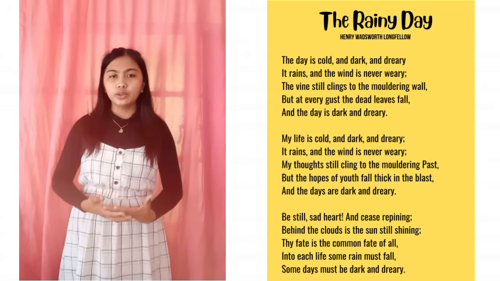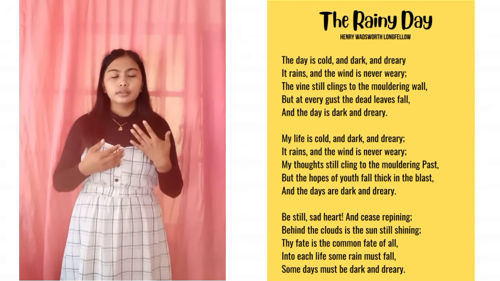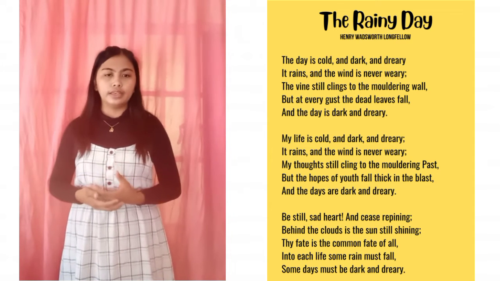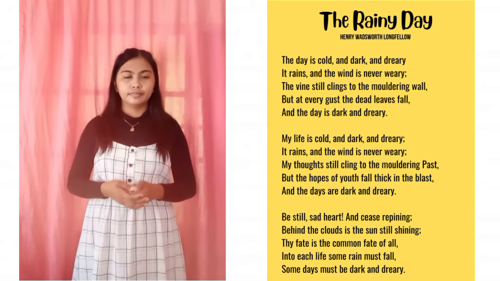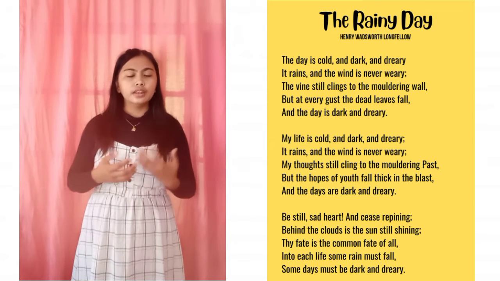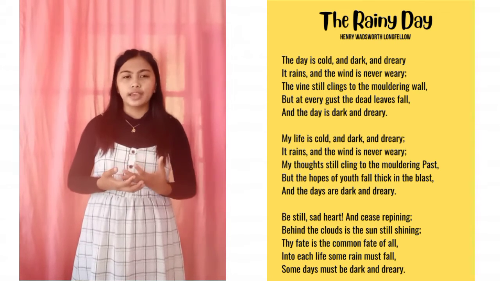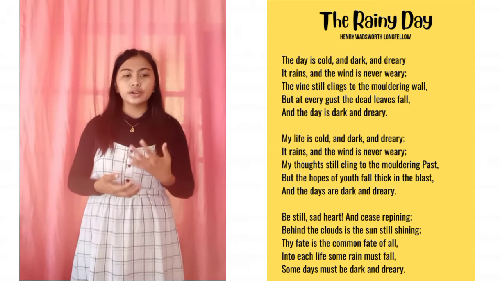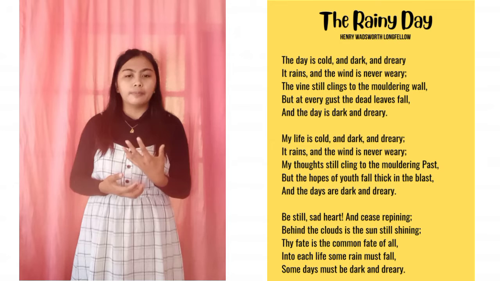Now, I will explain to you what is the message or thoughts of the poem. In the first stanza, it says there that in our life, we tend to experience painful battles. We face problems and challenges that hurt us and make us almost give up on life.